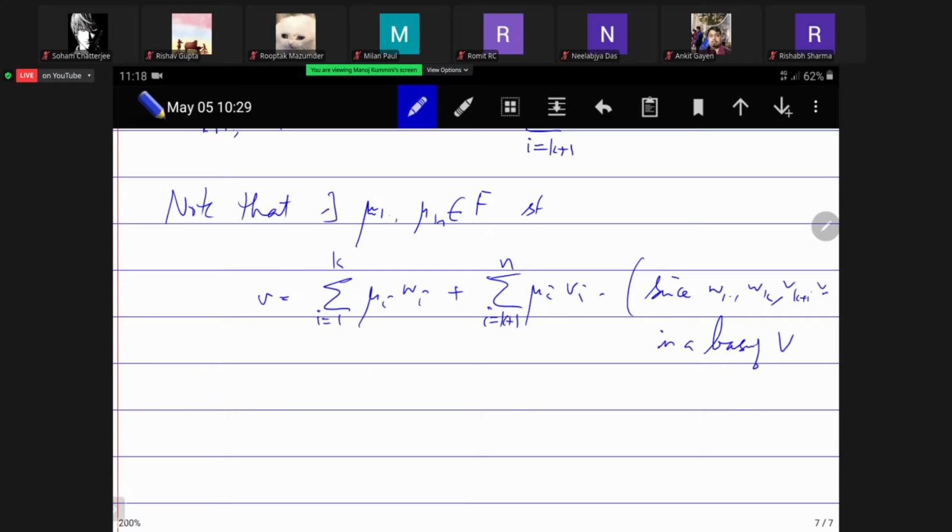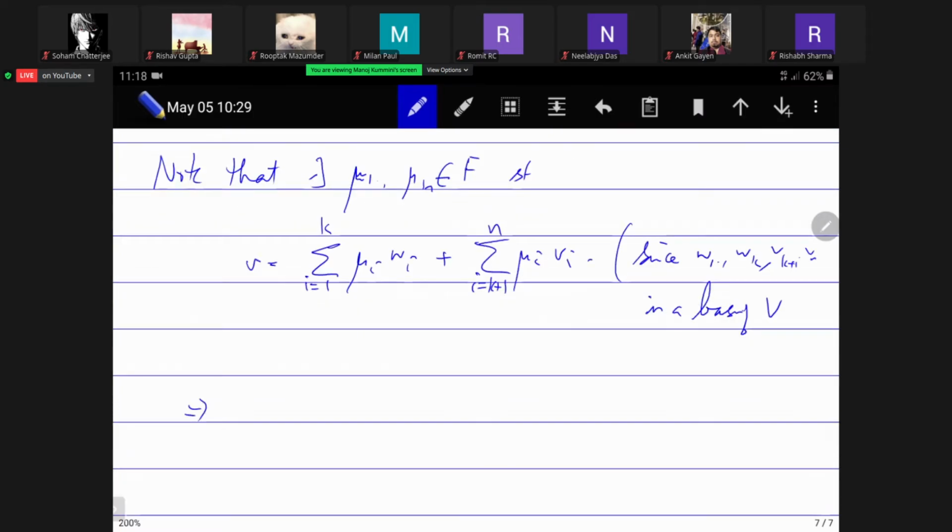So this implies that, when you're taking cosets, we're just applying a group homomorphism, I mean, a linear transformation. This implies that v bar is the corresponding combination.